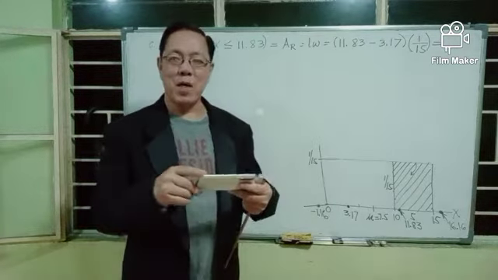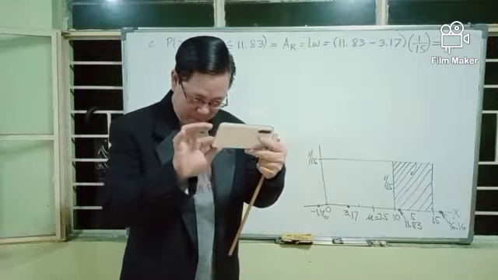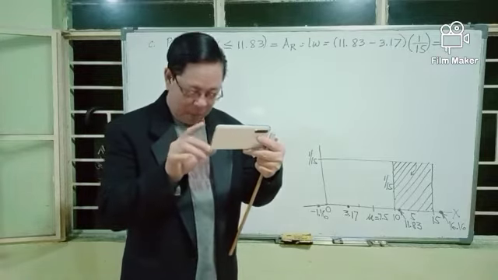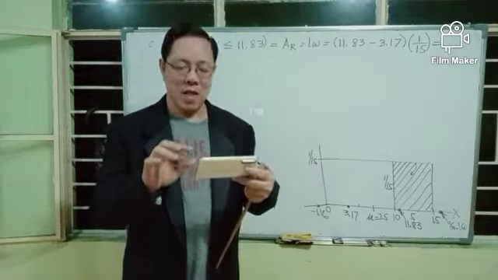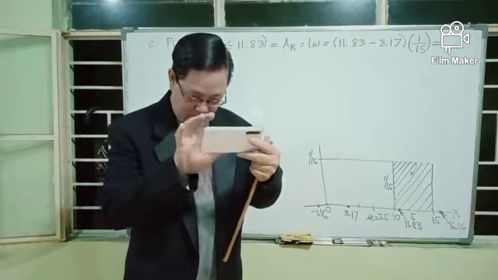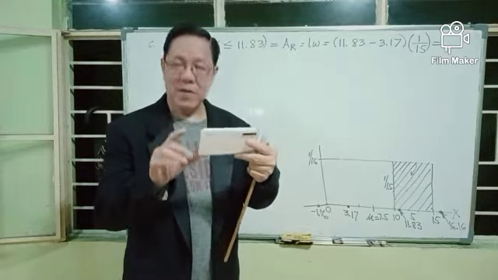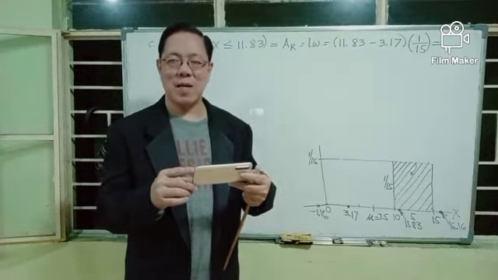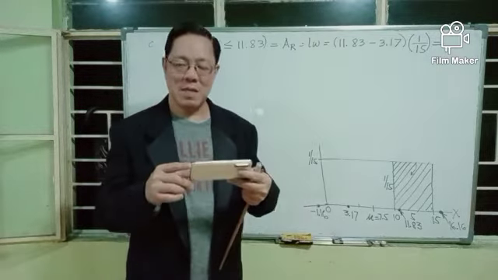We have 11.83 minus 3.17. The difference is 8.66 and we divide that by 15.